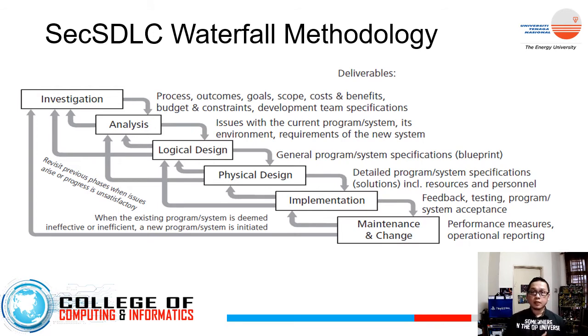So the SecSDLC, of course, is a continuous process year by year. Perhaps you can have the first implementation, V1, and then a second implementation, V2. It is always a continuing improvement of the security control implementation. You cannot just accept one implementation for perhaps 10 years.